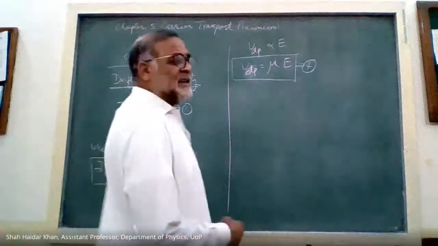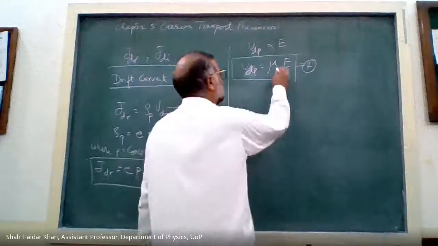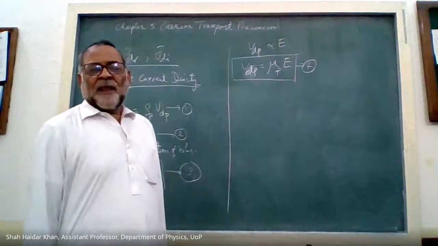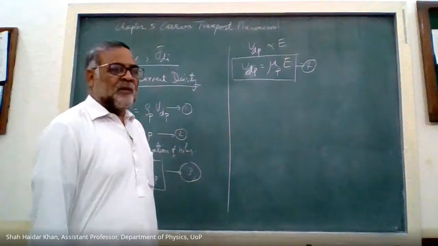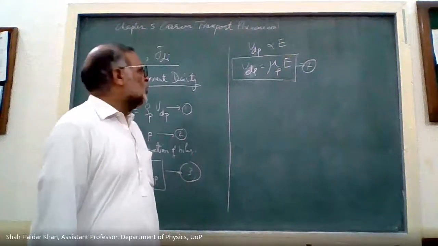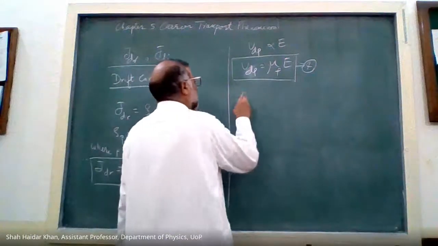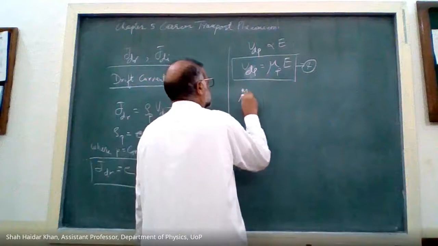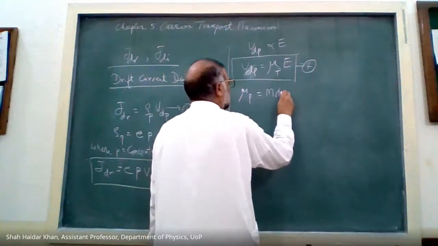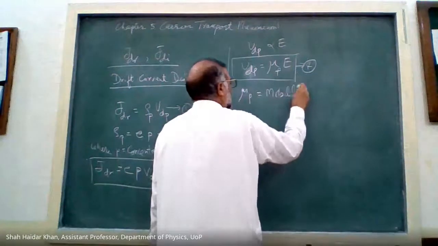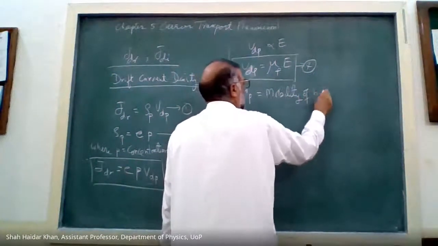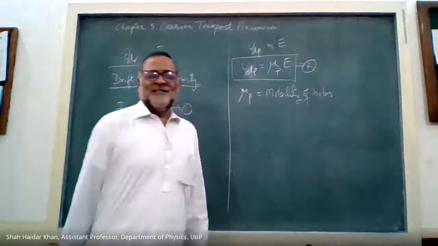And since the particles are holes, we will put a small p here to signify that here we have holes. So mu p is equal to the mobility of holes.